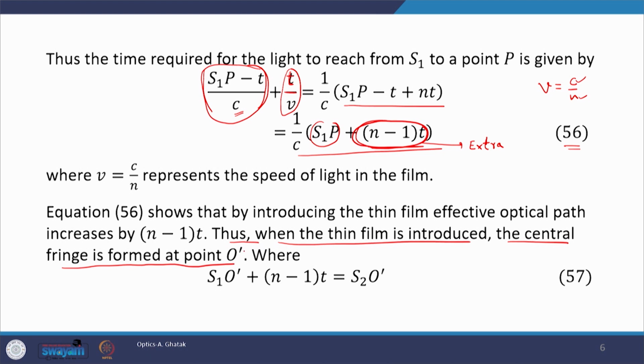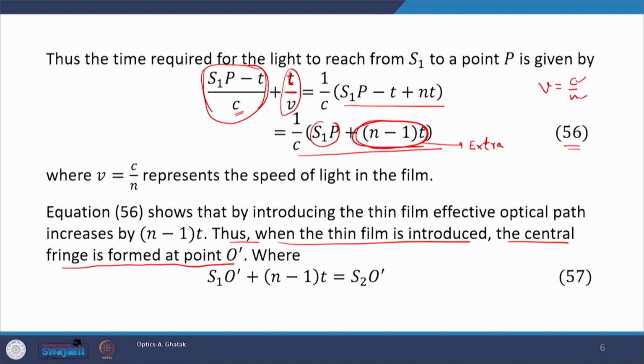It depends upon the relative value of the refractive index of the film. Assume that when the film is introduced, the central fringe is formed at another point, which is O prime. O prime is different from O.